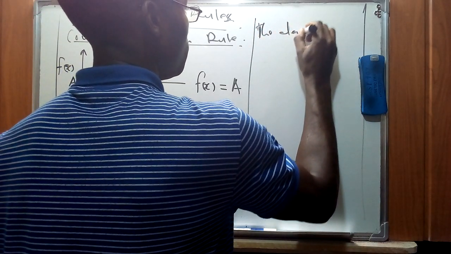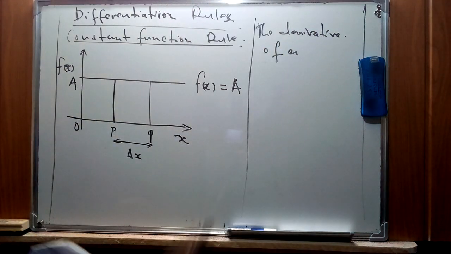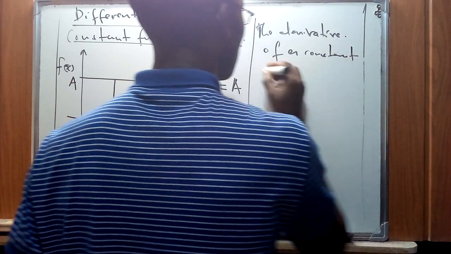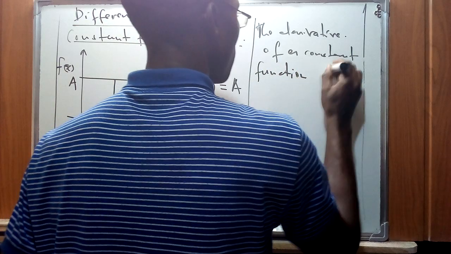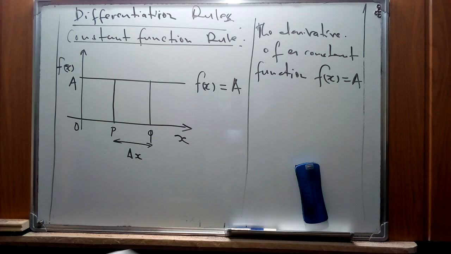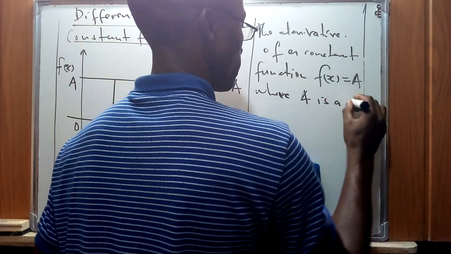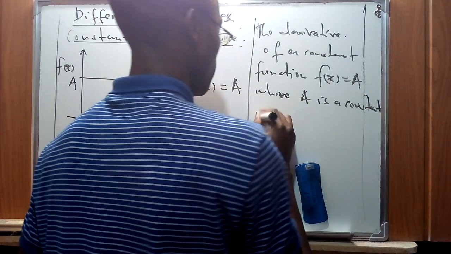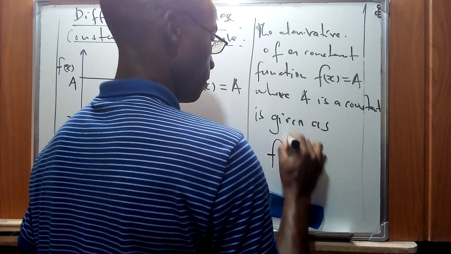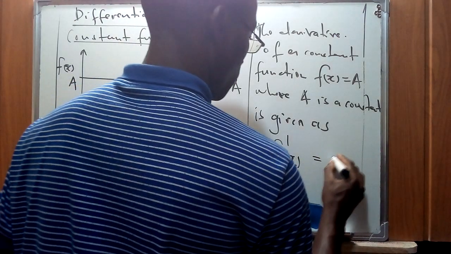The derivative of a constant function f(x) equals a, where a is a constant, is given as f prime of x, which is equal to 0.